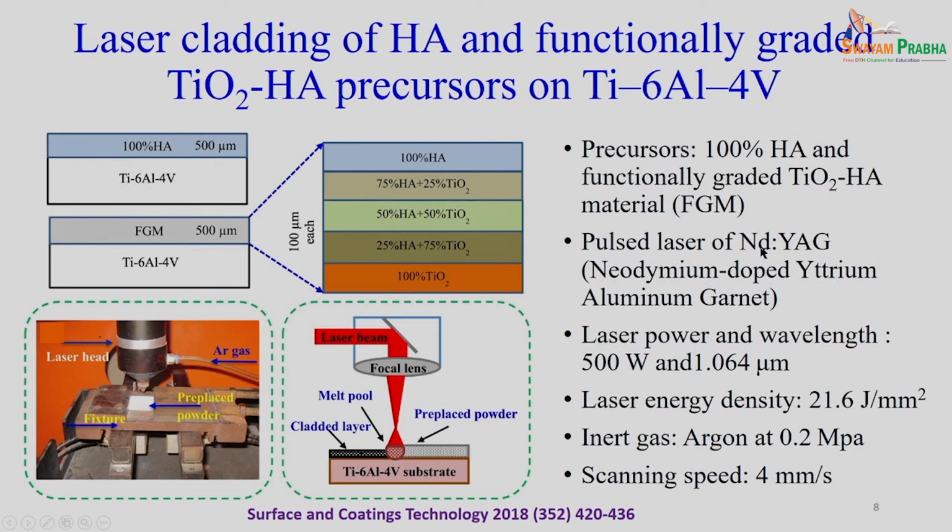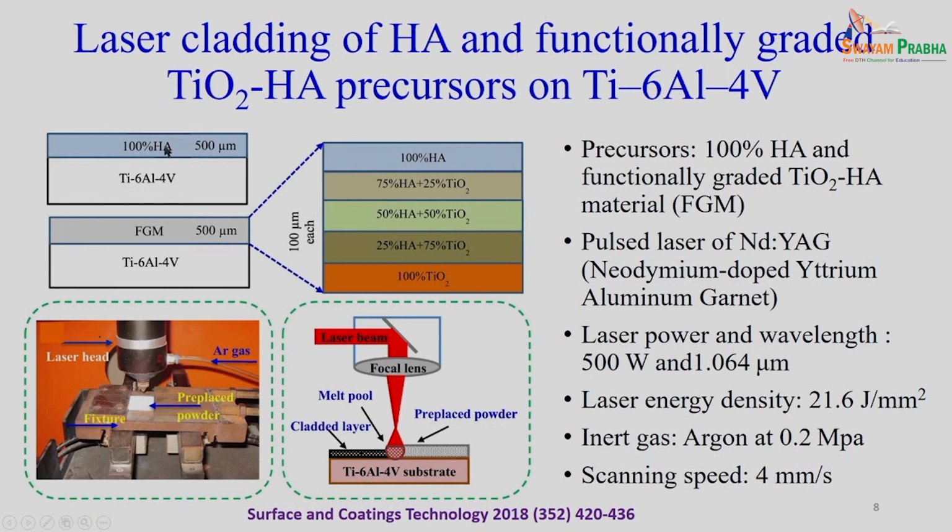For the pulse laser we used neodymium doped yttrium aluminum garnet, and laser power and wavelength were 500 watt and 1.064 micrometer. Laser energy density was 21.6 joule per millimeter square. We applied inert argon gas at a pressure of 0.2 megapascal, and scanning speed was 4 millimeter per second.